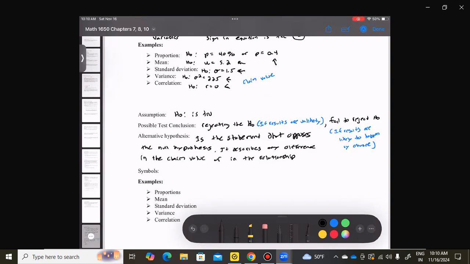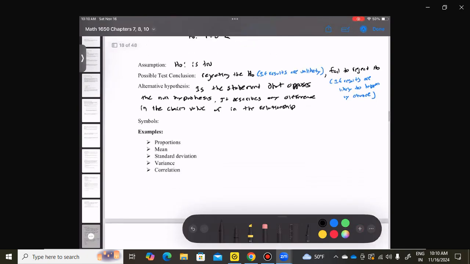And there's three possible symbols within the equation for our alternate hypothesis. It'll be a less than sign, it'll be a greater than sign, or it'll be a not equal to sign. And this is a not equal to.